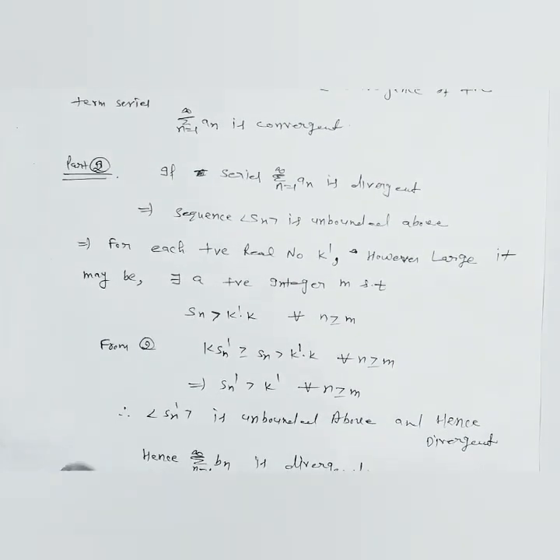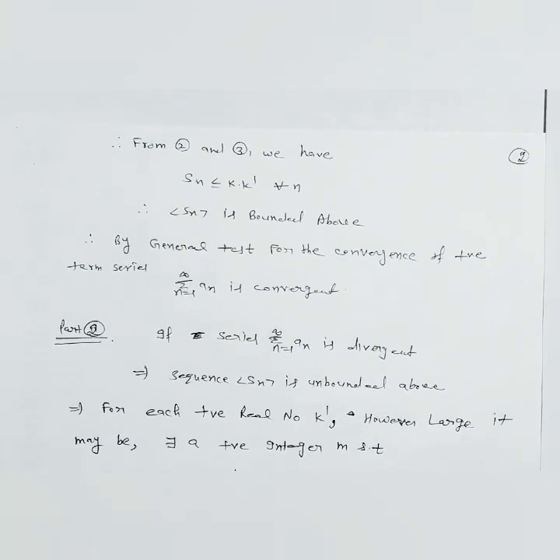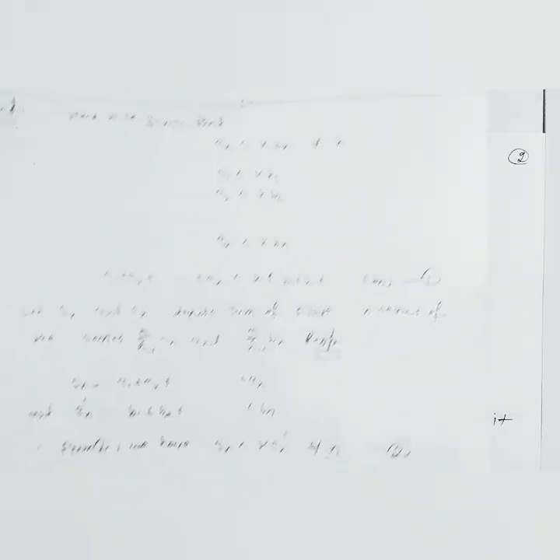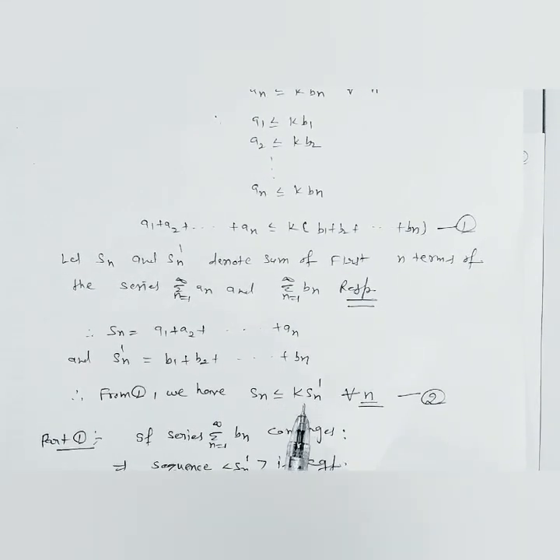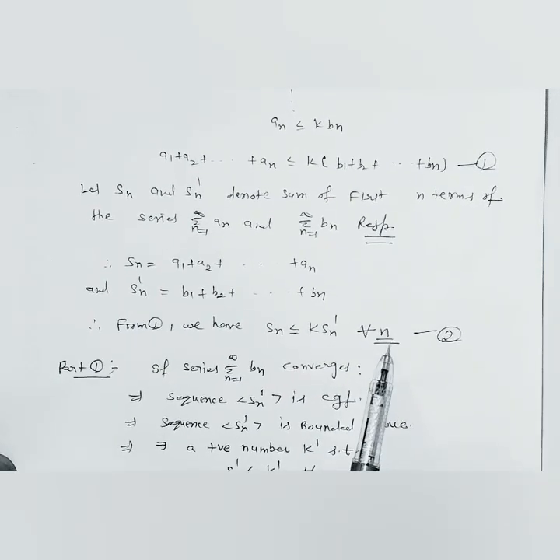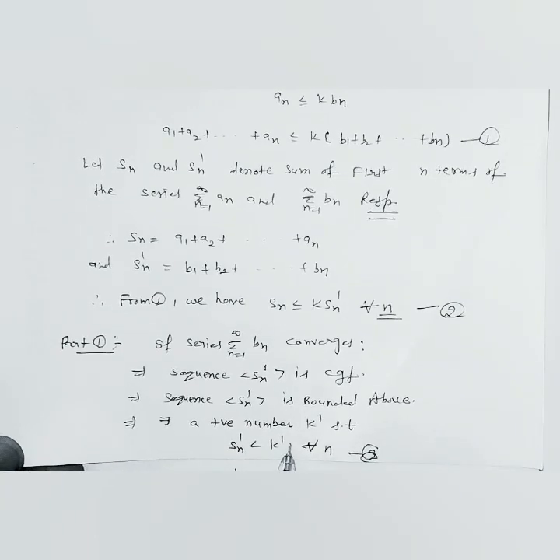So from equation number 2 and 3: here is equation number 2, Sn is less than or equal to k times Sn dash for all n, and here is equation number 3, Sn dash is less than or equal to k dash.